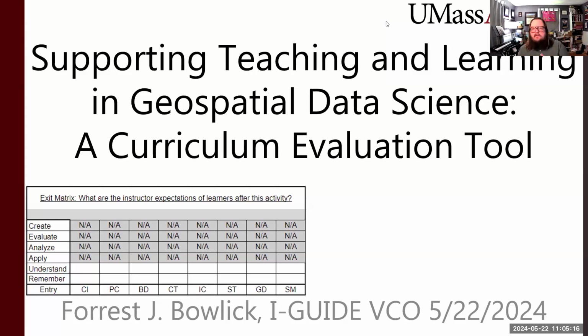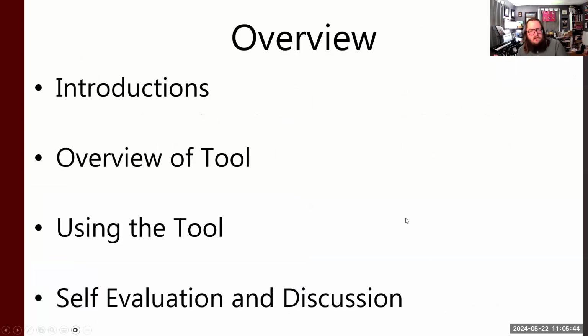We all use lots of different diverse terms, lots of different ways we like to describe the work that we're doing. And I think that one of the goals of this is to provide a generalized enough means to be able to support building the teaching and learning in all of those different ways we conceive and conceptualize the work that we do. So as the event's description said, I'm planning to go over just some basic things, an overview of the tool, an overview of some components that go into this tool, and then time to work.